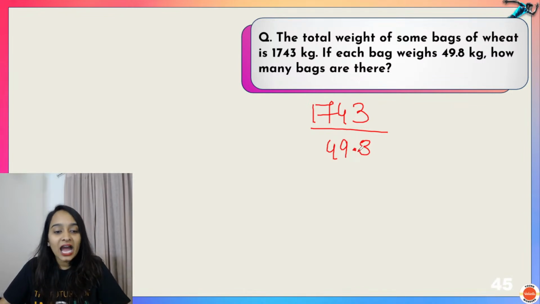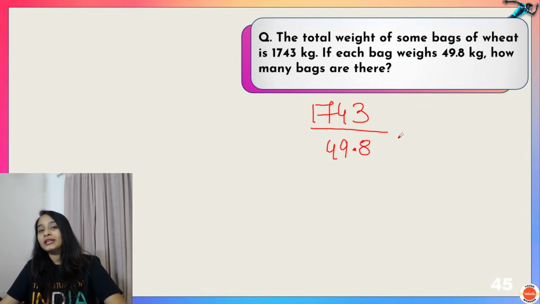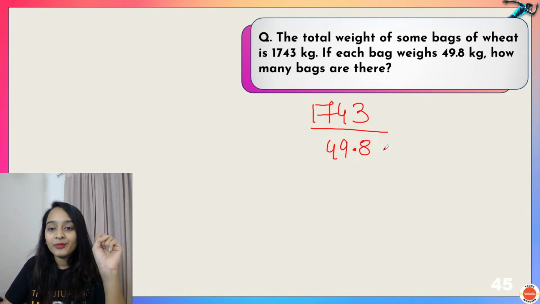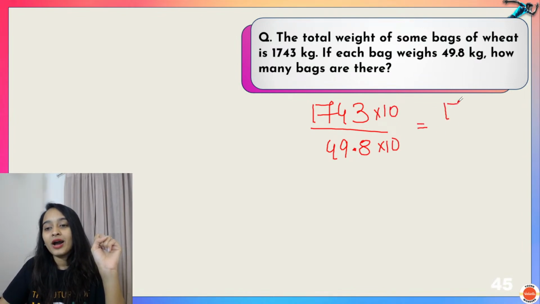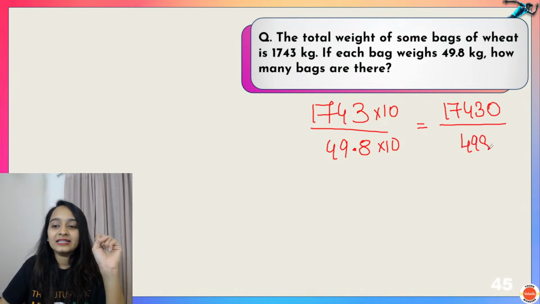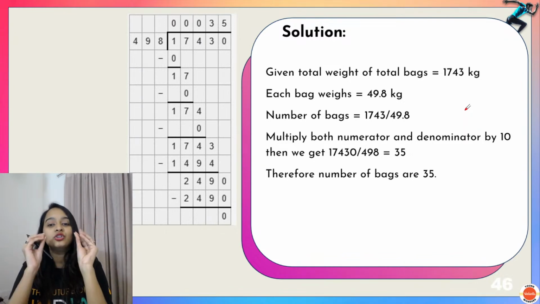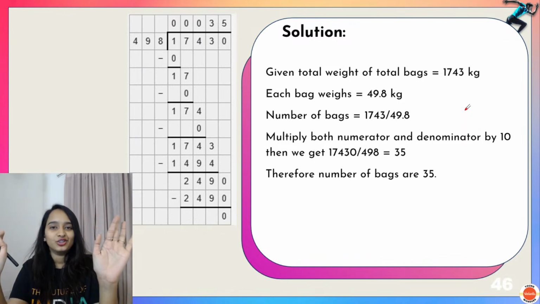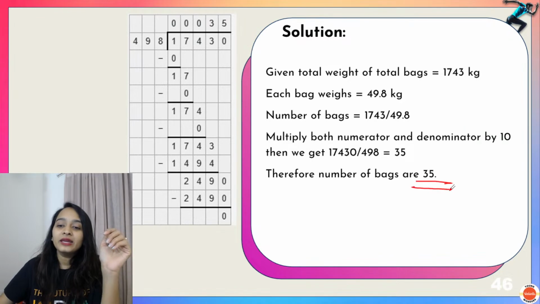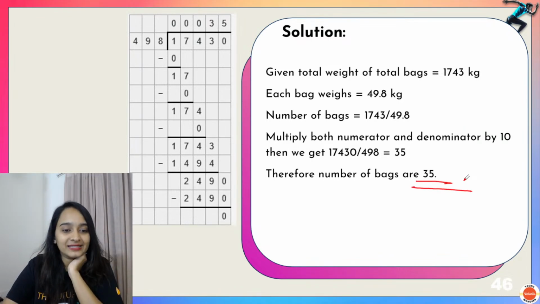So below here we have the denominator. So what should we do? You have to convert that denominator to a whole number. So I will multiply with 10. So you have 17430 by 498. And then we are going to proceed with our usual division. So the answer will be 35 bags.